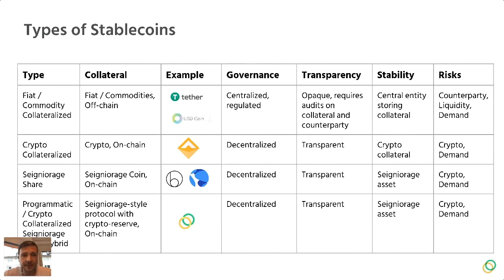For all other types of stablecoin, you typically have an on-chain collateral. Therefore, it is much more transparent whether the collateral is actually in place. You can check on-chain in what assets the collateral is held. You can see how the collateral is held, since it's basically held on-chain.